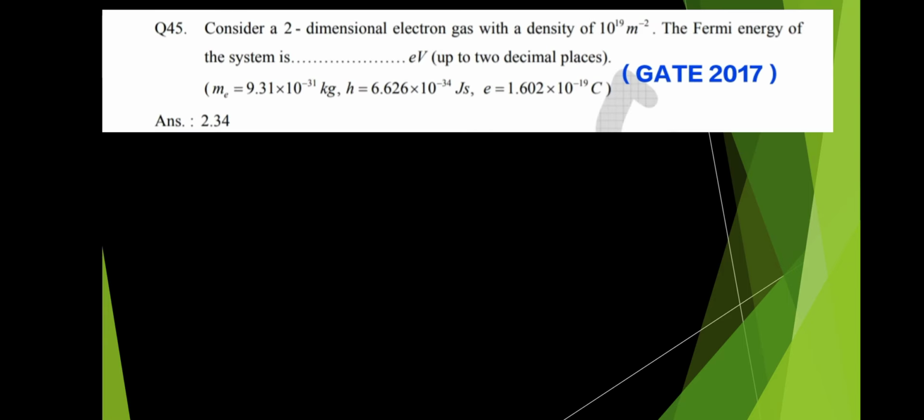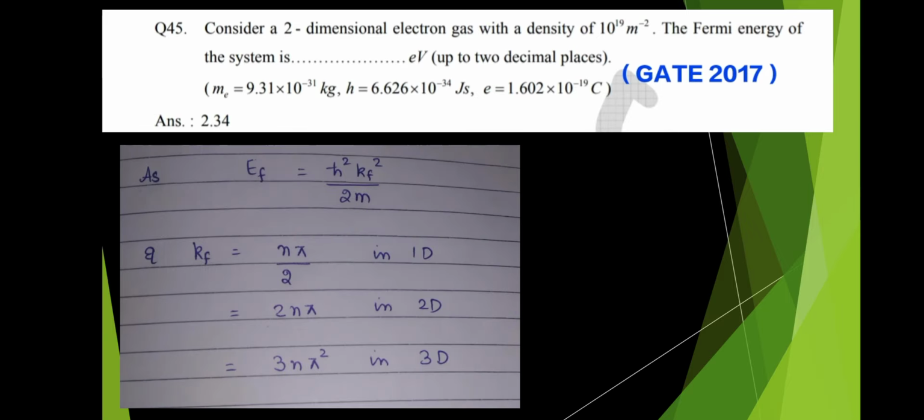And the next question is: consider a two-dimensional electron gas with density 10 raised to power 19 meter inverse square. We have to find out the Fermi energy. Clearly, you just have to plug the values.